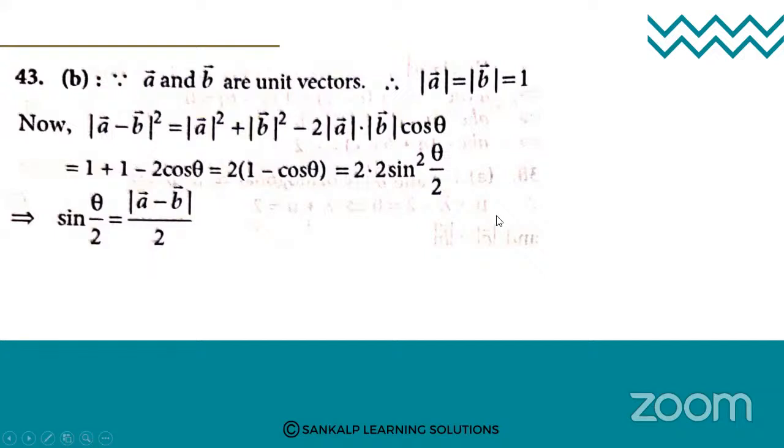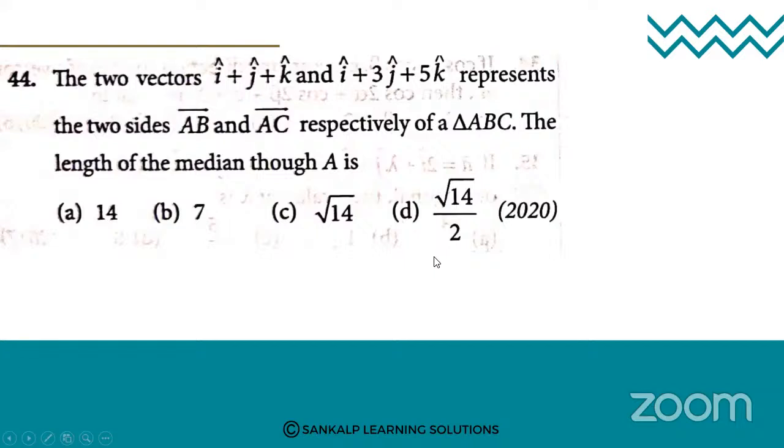So on simplifying, sin θ/2 is equal to mod of A minus B upon 2, which will be the final answer.